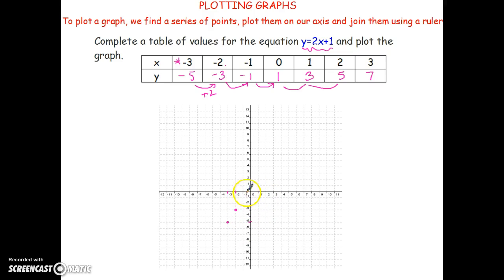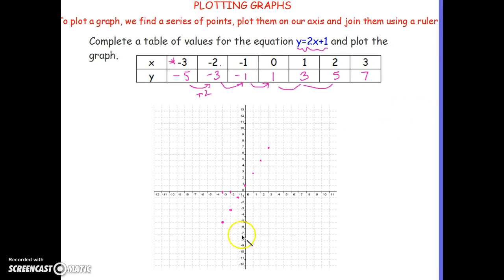There it is. Minus 1, minus 1, 0, 1, 1, 3, 2, 5, and 3, 7 is up here. Then we just need a straight line to join those up, and we're done. So let's do that.